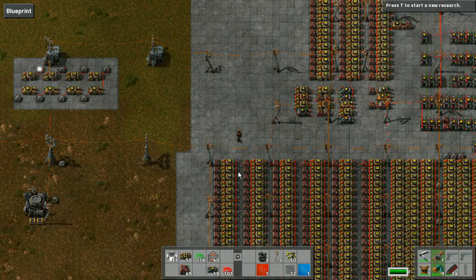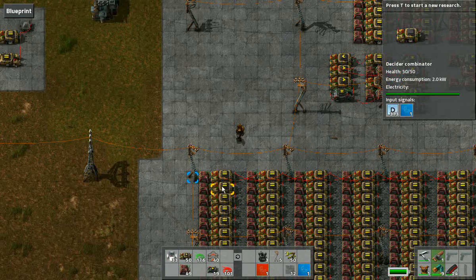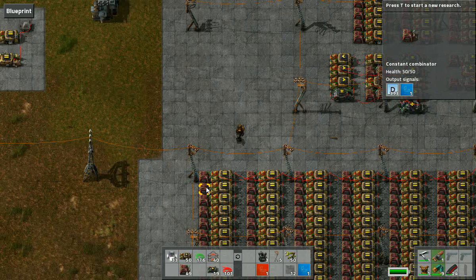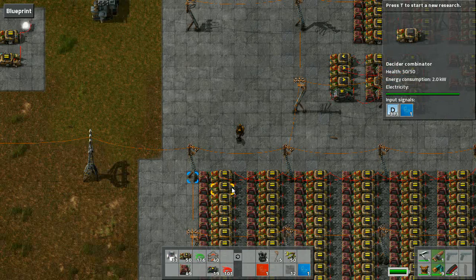Now, if at time 0 we present address 129 at the input here, at tick 1 we will get D313 and blueprint 1 at the output.